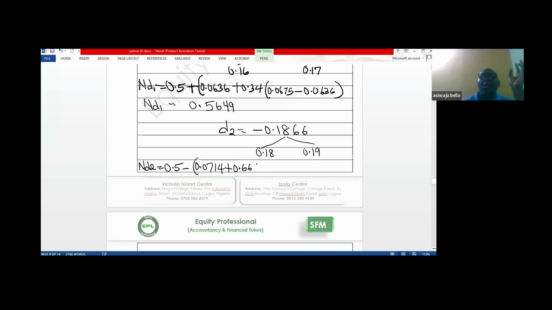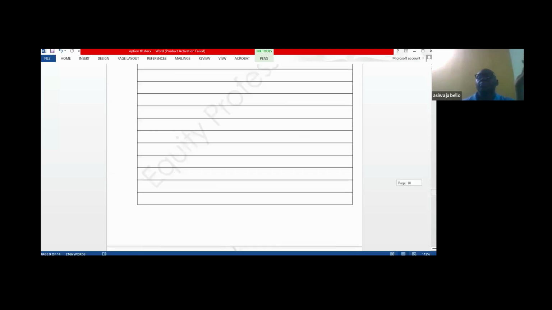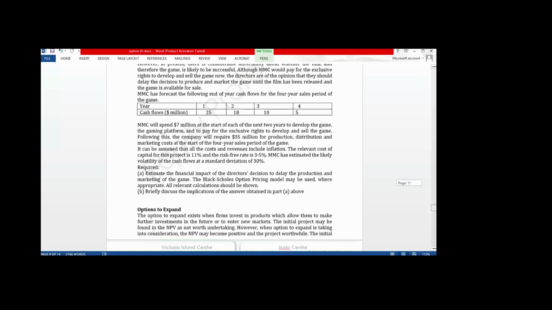Open bracket. Now 0.1 traced to 9. What is the figure? 0.0753.